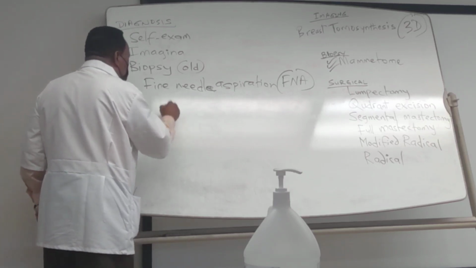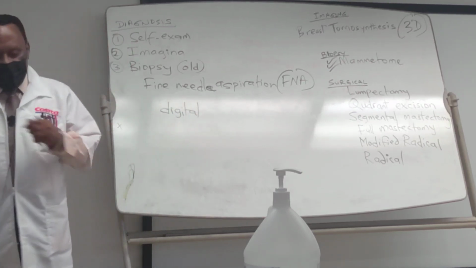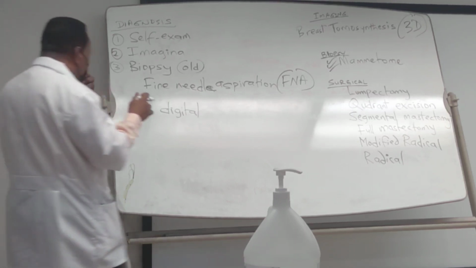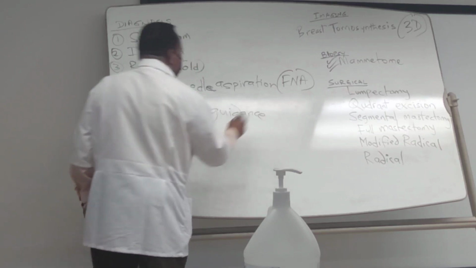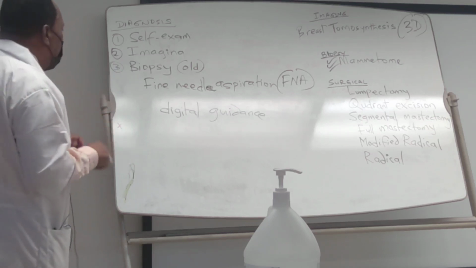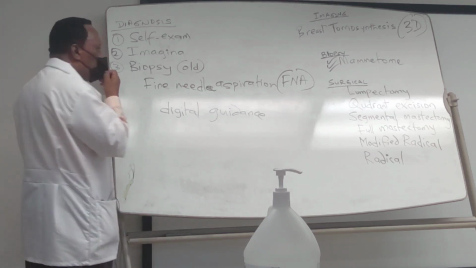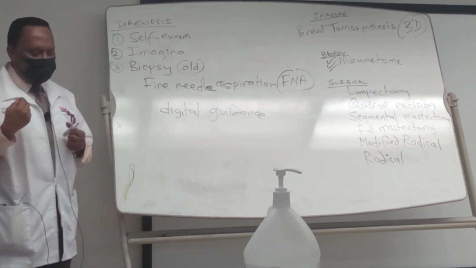There's a digital program that can direct the doctor so that he can guide the probe of that mammotome to the cancer, and then you can have a less painful extraction of the tissue.